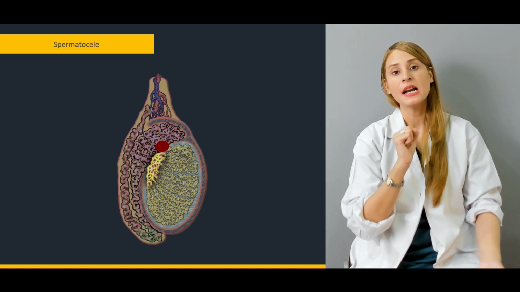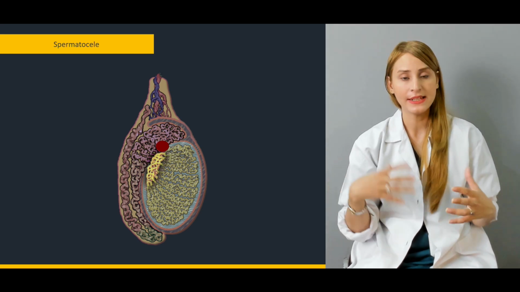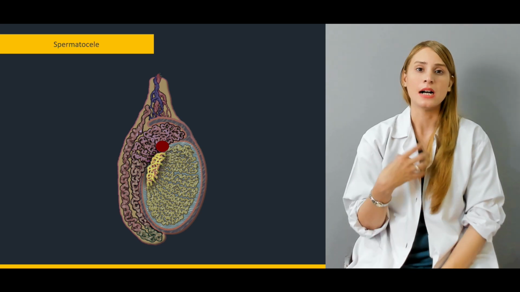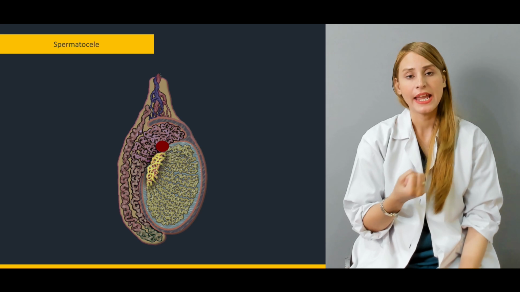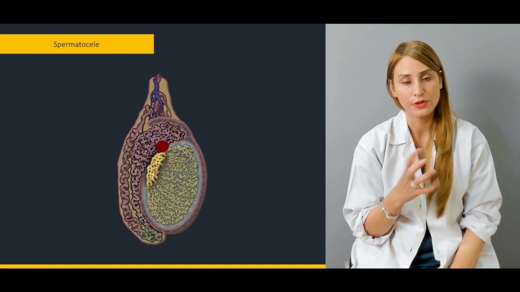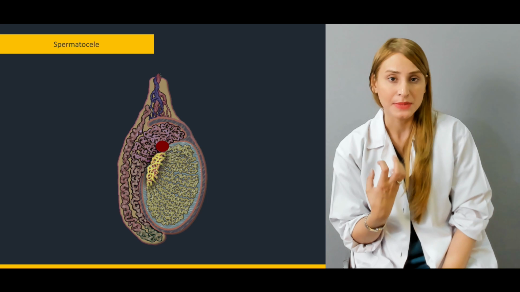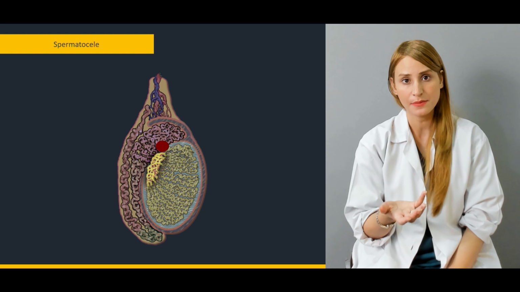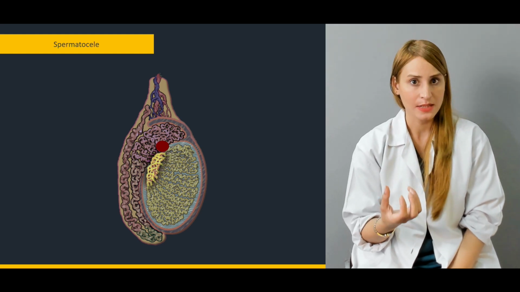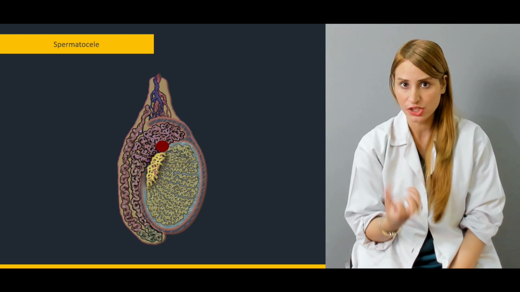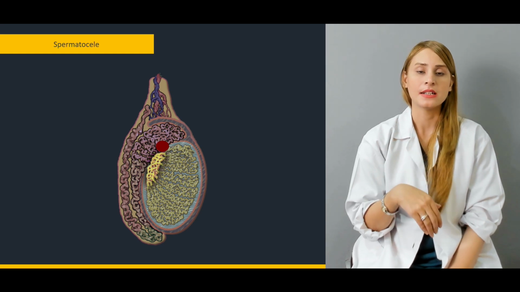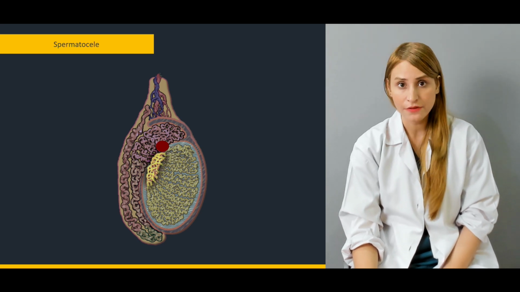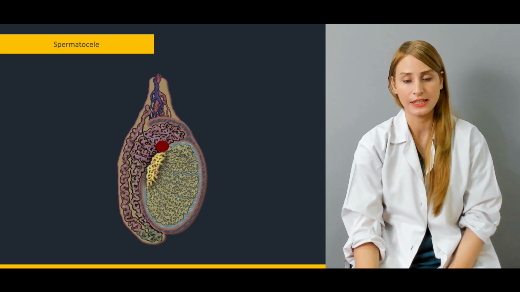Sometimes when the spermatocele, or even an epididymal cyst, is present and it's causing testicular atrophy or dull, persistent pain, and because of the testicular atrophy or testicular infarction that can lead to infertility, you can always go for epididymectomy or orchidectomy, depending upon the complications, the symptoms of the patient, and the extent of the infarction produced in the testes.